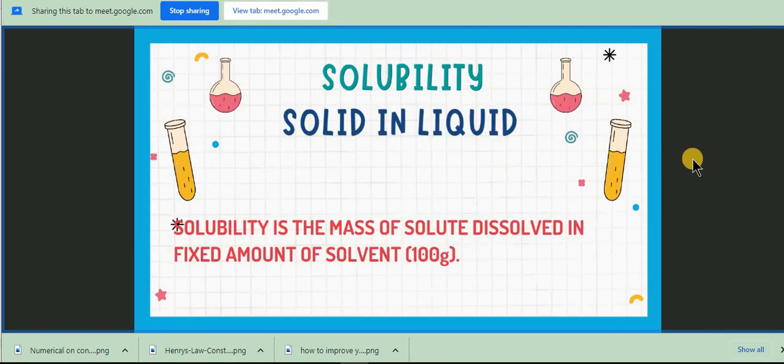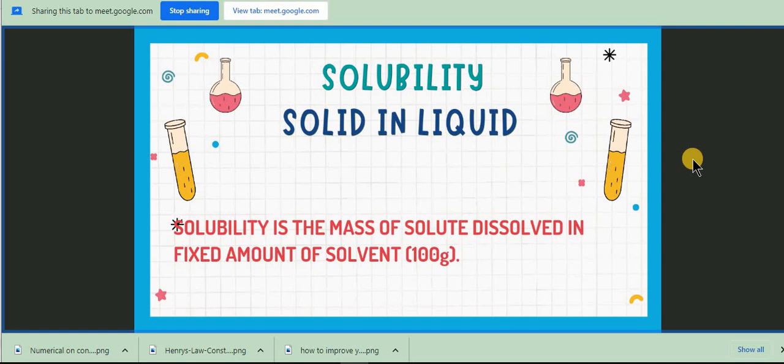So let us say solubility. What is solubility? If we take salt in water, which is a liquid, solubility normally increases with temperature, but it is not applicable for all the substances. Generally, for endothermic reactions, solubility increases with temperature, and for exothermic reactions, solubility decreases with temperature.